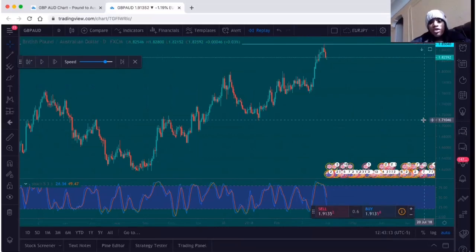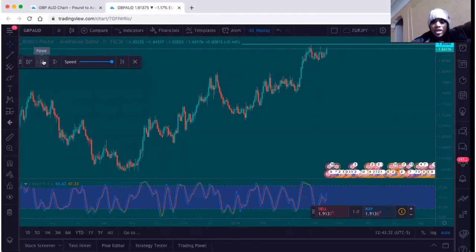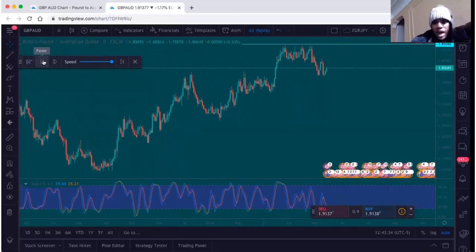So now you could be like, okay, at this point, I think GBP AUD is going to sell, let's just say. After you do that, you can almost replay it as if it's a live market because you can't actually see the rest of the chart in front of you, right? So then you press play, and then it starts to draw what actually happened in the market.